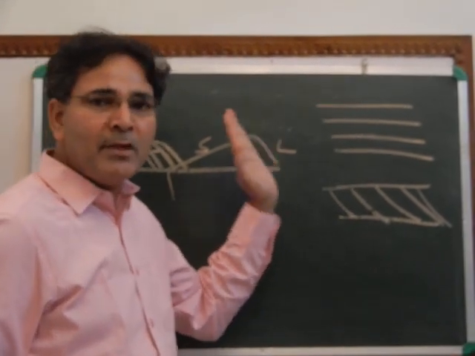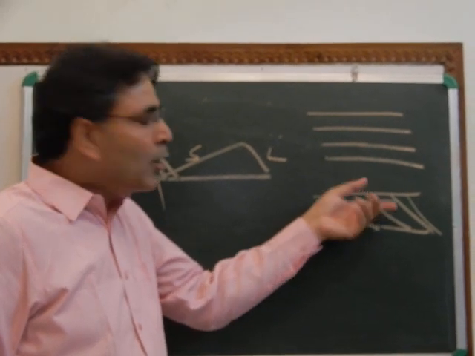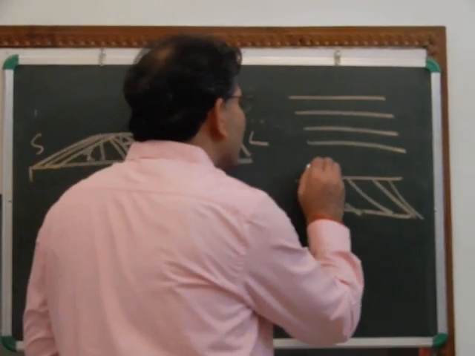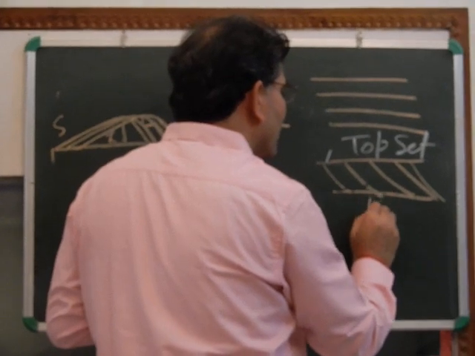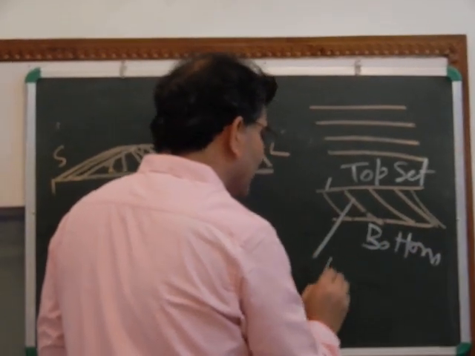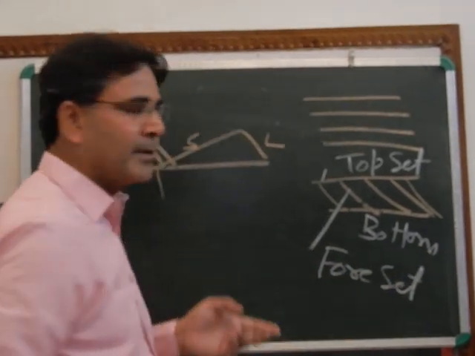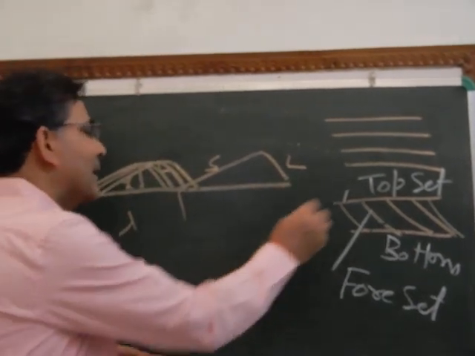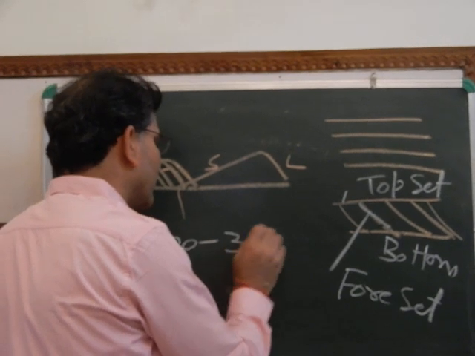So cross bedding is the bedding in which certain inclined beds are located between some horizontal beds. This is known as top set. This is known as bottom set, and this is known as foreset. Generally, the foreset laminations are inclined. This inclination is at an angle of about 20 to 35 degrees.